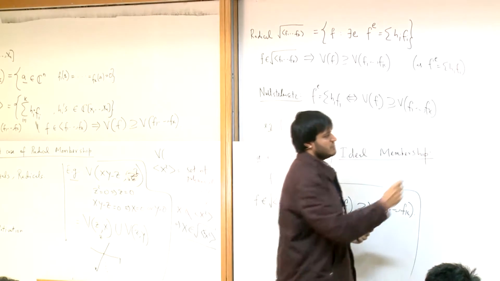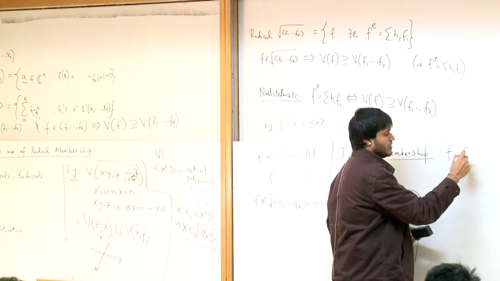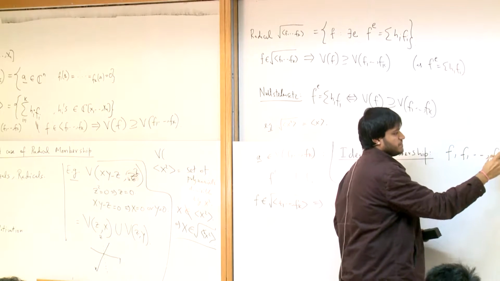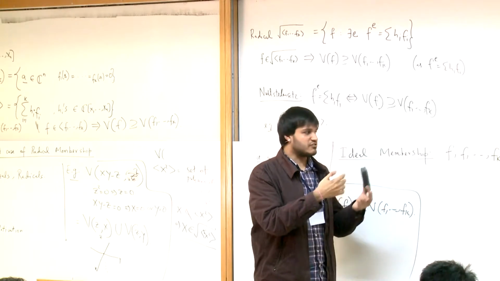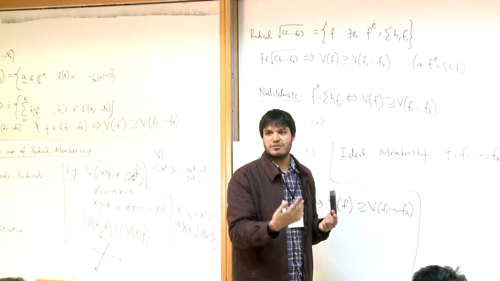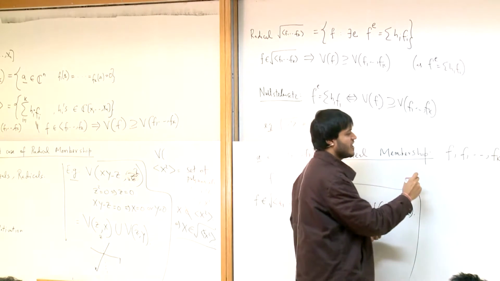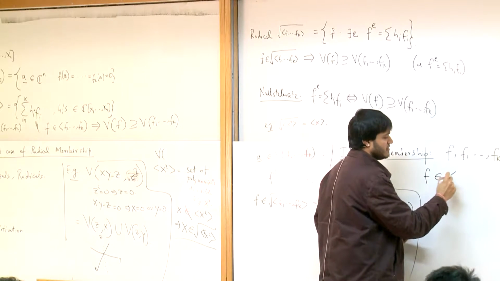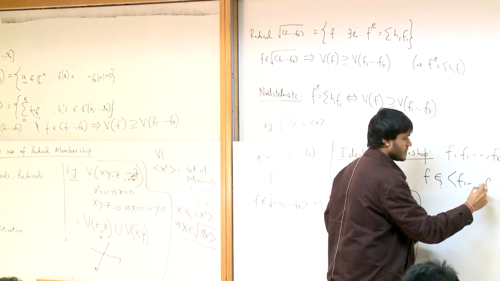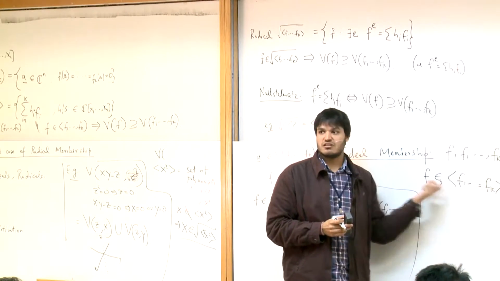In this problem, you are given black boxes to these polynomials, a set of polynomials, or you are given circuits for these polynomials. Some way they are given to you. You can query the evaluations of these polynomials, and you have to decide whether this polynomial is in this ideal. This is ideal membership.